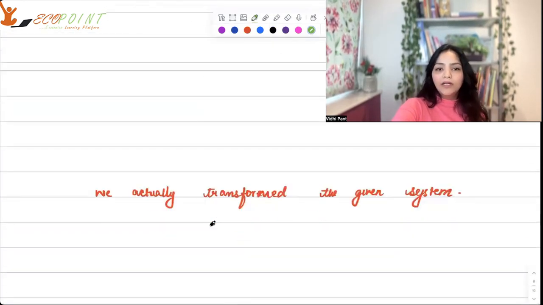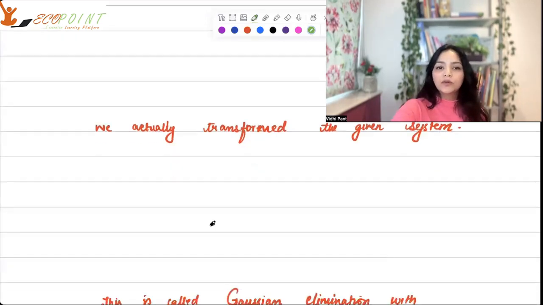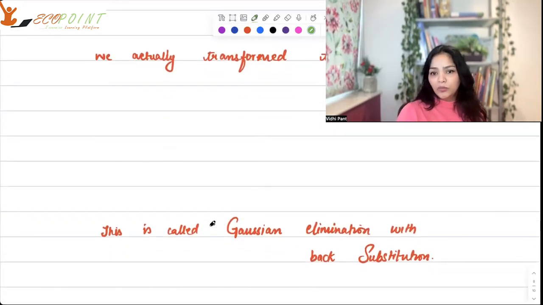All we have done is, by using row operations, transform the given system of equations. The only reason why we use row operations is that it simplifies the process, and the chances of making mistakes are reduced when you have too many variables to take care of. This process is called the Gaussian elimination process.